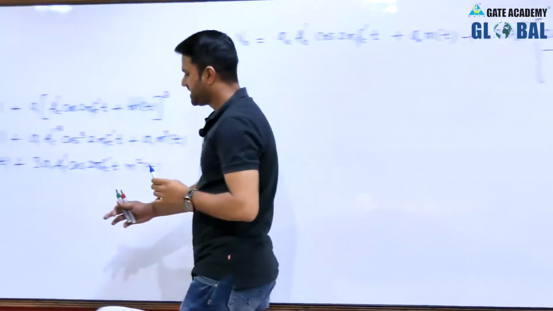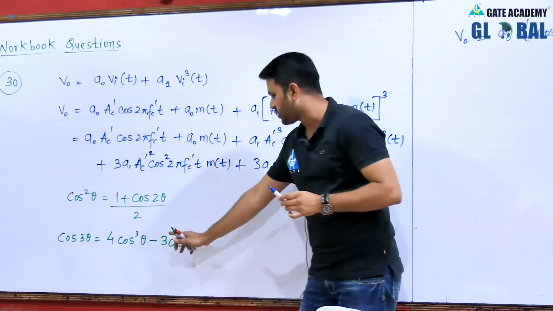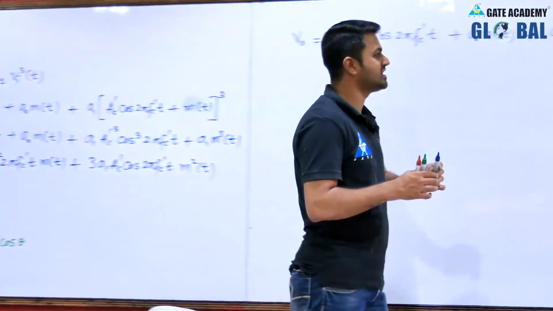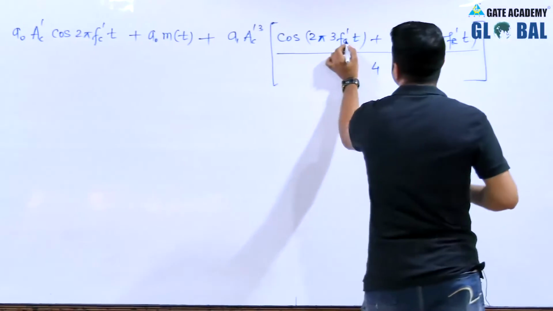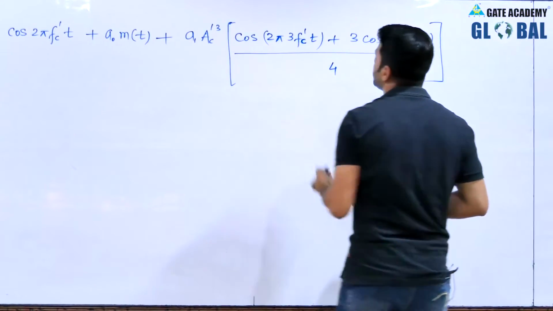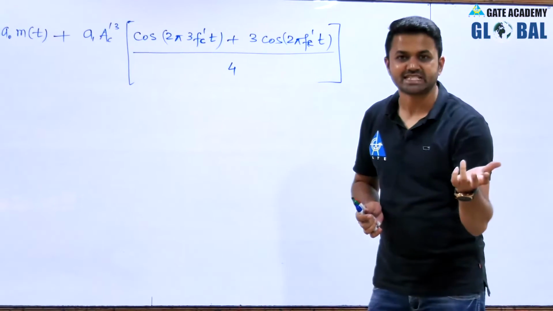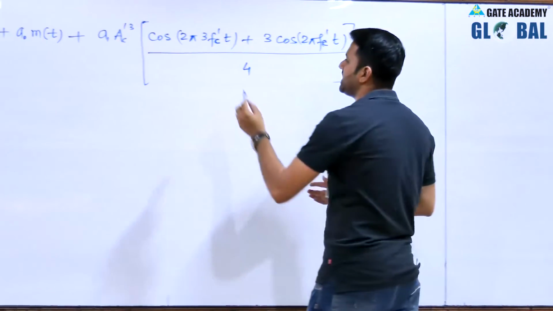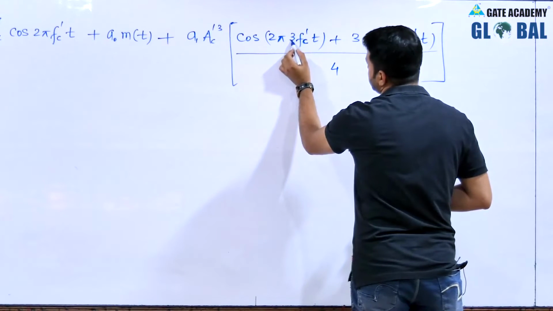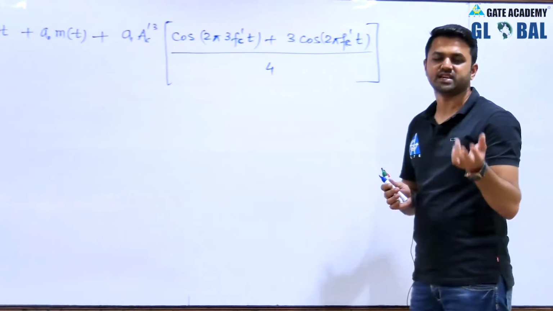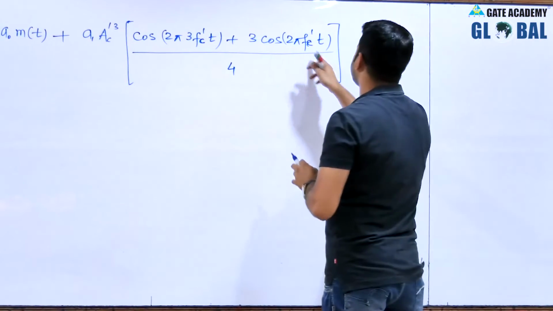Here I am applying the formula cos^3 theta is (cos 3 theta plus 3 cos theta) over 4. If there is 2π fc' t, meaning the frequency was fc' before, then cos 3 theta will have frequency 3fc'. That is why I write 3 with fc' in this term, because the frequency is thrice, and here the frequency is fc'.